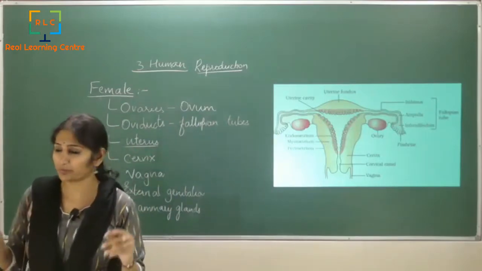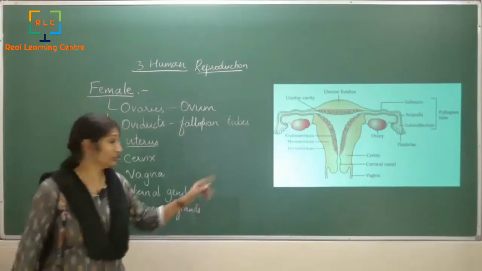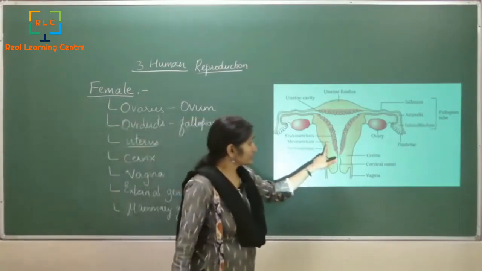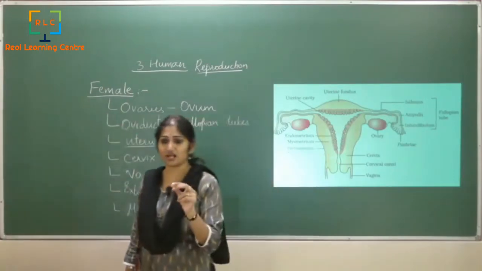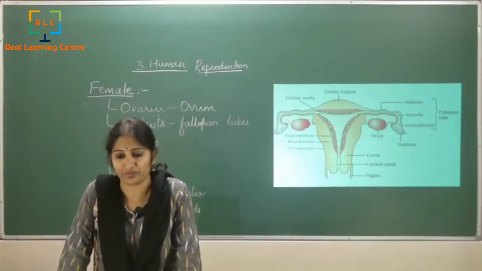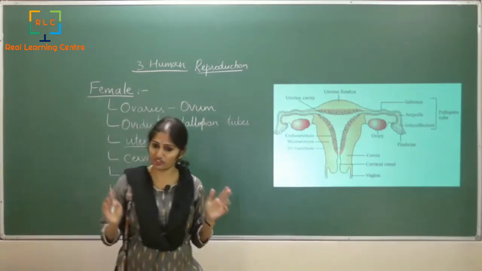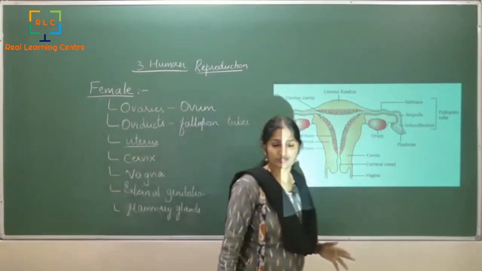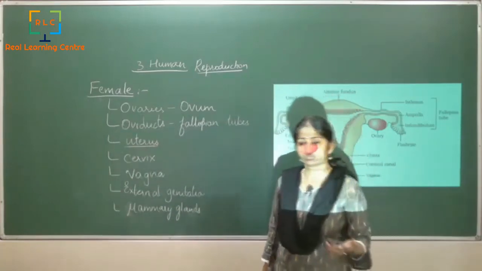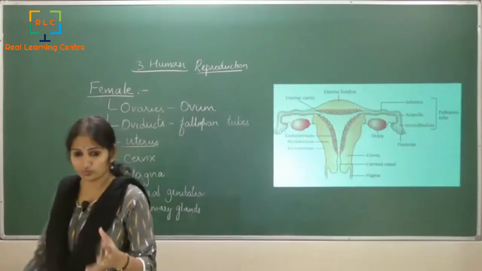Please do remember, peri is always outside, so the outside membrane is the perimetrium. Inside there is a muscular structure called the myometrium. The myometrium is very thick. It is a smooth muscle, so you know they have the ability to move.